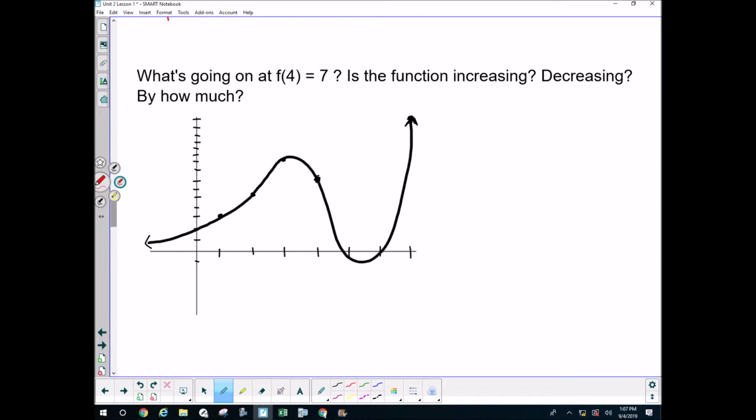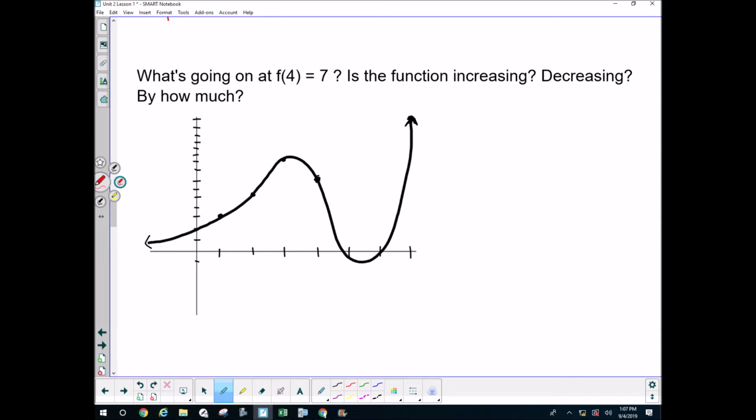Calculus concerns ourselves with how quickly we are changing at a point, not over an interval. So, at the point 4, 7, are we increasing or decreasing?